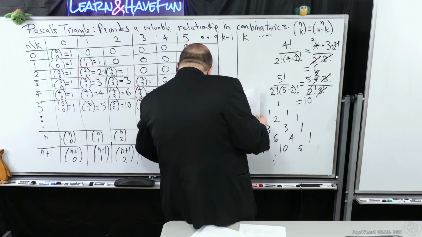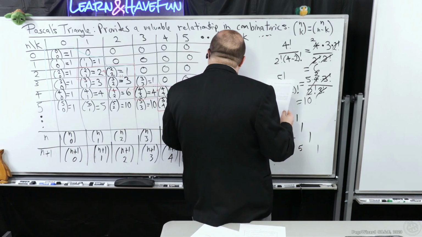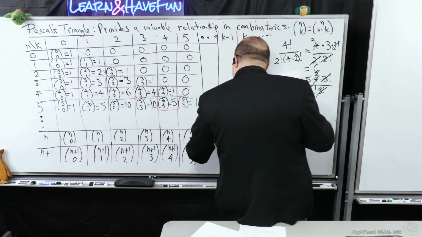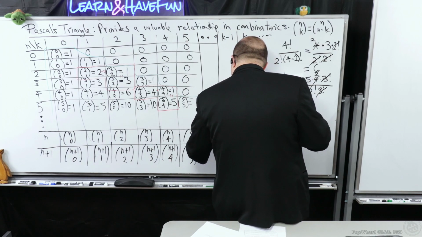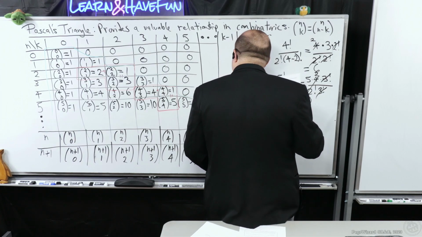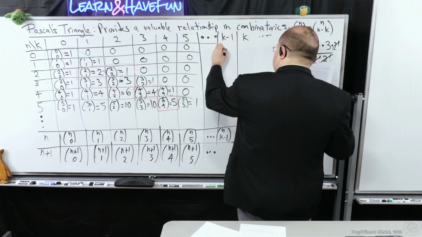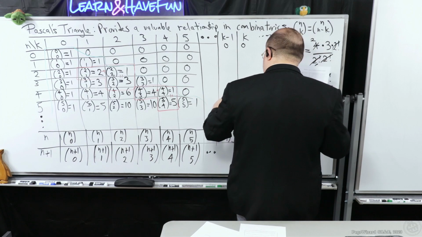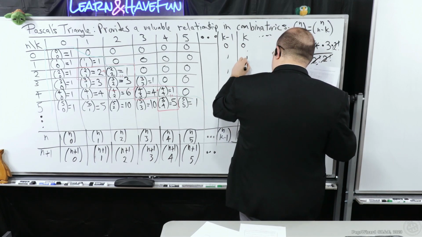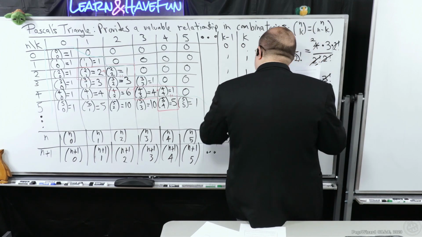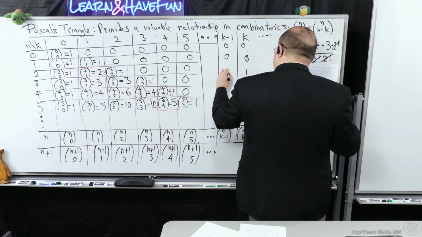Then we have n plus 1 choose 5. And keep in mind we still have our dot, dot, dot. This keeps going. And keep in mind, all of these will still have 0 in them. All of these are just zeros up above here. These are all just zeros, dot, dot, dot.